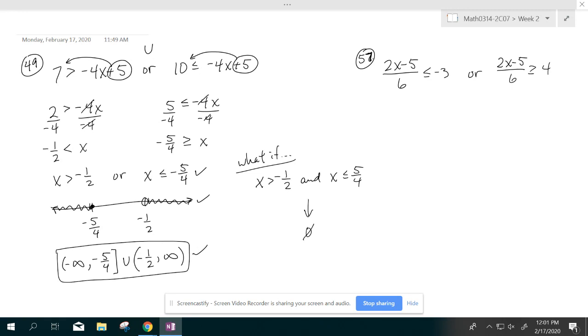Could you give us one that's kind of like the one we were just doing? It has an or. But the fraction. That's just one additional step. You're getting rid of that fraction.